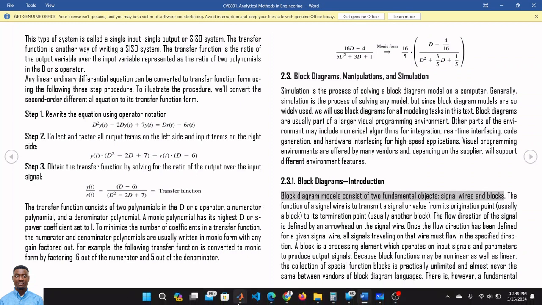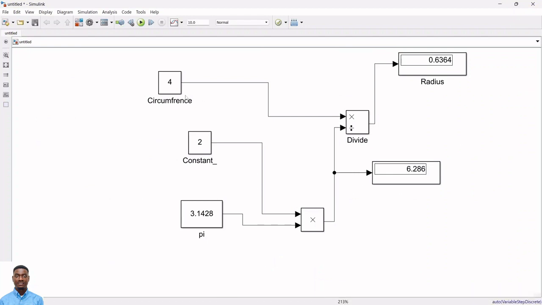If we go back again to that MATLAB Simulink, you can see the function of this signal wire is to transfer the value of 4 from this block to this division, and also this same signal wire carries 2 from this block into this.